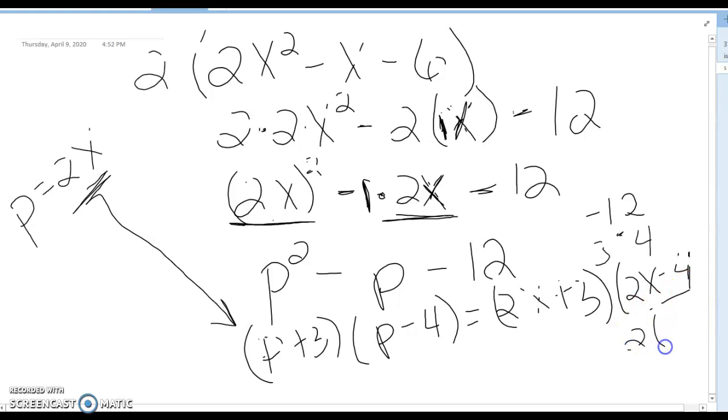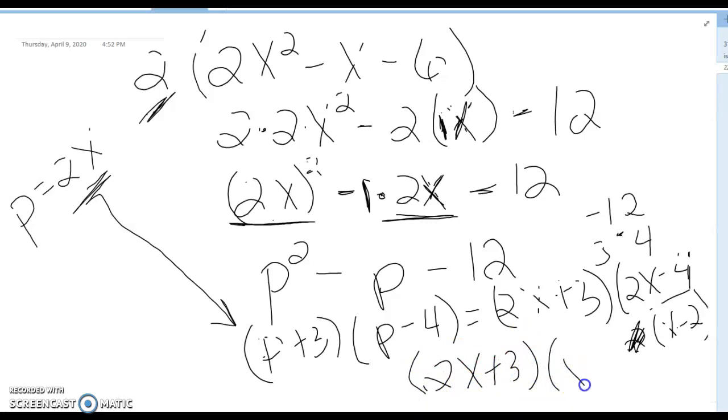So I have 2 times x minus 2. I'm running out of room here. And remember in the very beginning, I multiplied by 2 right up here. So now I'm going to divide by 2, and that just gets rid of this 2. So my final answer for this would be 2x plus 3 with parentheses times the quantity x minus 2. And that's the factored form of that.